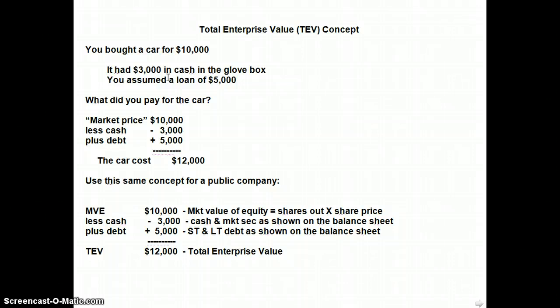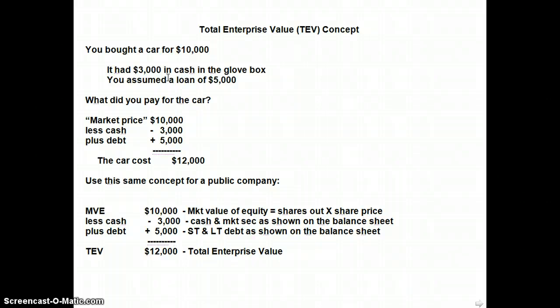So if this were a company, and let's say that these were billions of dollars, if the market value of equity, and this is shown at the bottom of the screen here, was $10 billion, and the way you get the number for market value of equity is the number of shares out times the share price, so it could be a billion shares out times $10 a share, for example.